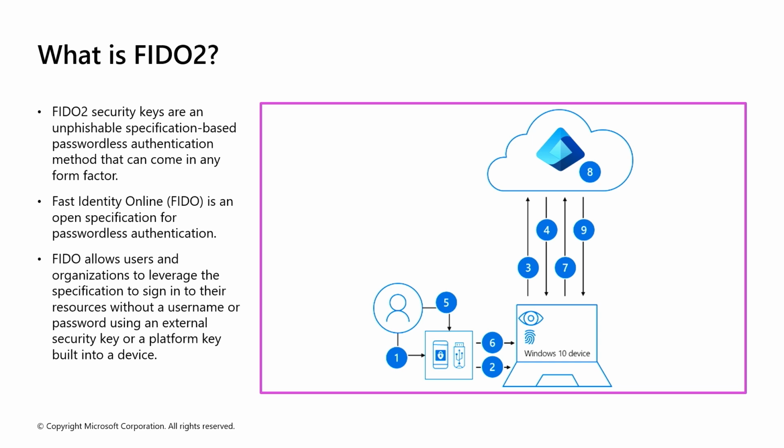Typically, a user will plug this key into the device, depending on if it's a hardware version of it. Once they plug it in, this will start sending a message to your Entra in the backend to suggest that there is a key that's been plugged in to authenticate this user.